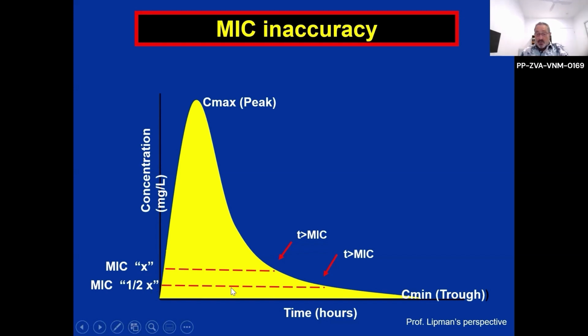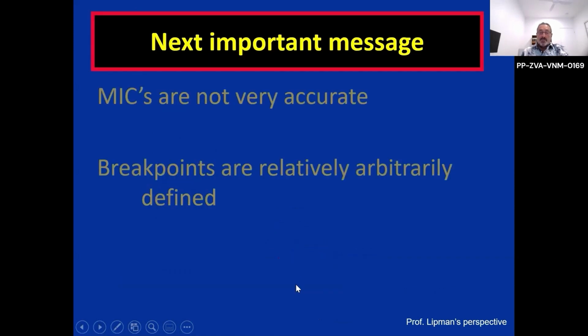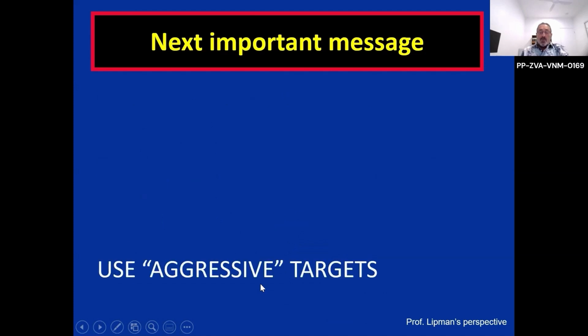And that would be the time above MIC, which would be very good. But if that X is not X, but maybe 2X because of the error in the measurements, look at the time above MIC, much less than those. So I would suggest aggressive targets for organisms in ICU.